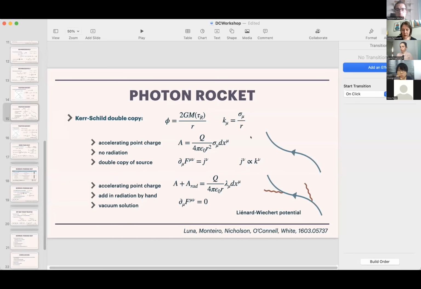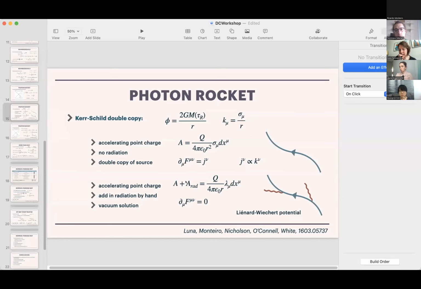Do you know? So I think this is the only specific situation I know where this happens, and it's because they are looking at a non-vacuum solution, I think, and the Kerr-Schild double copy is only really guaranteed to give you a solution in the case of a vacuum spacetime. But this particular spacetime is not vacuum.